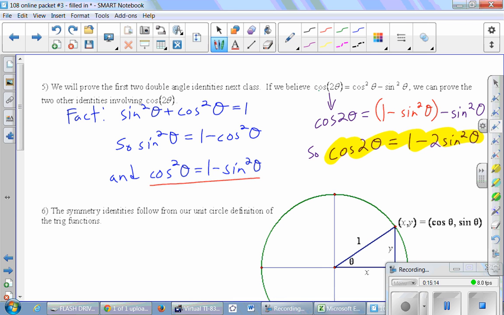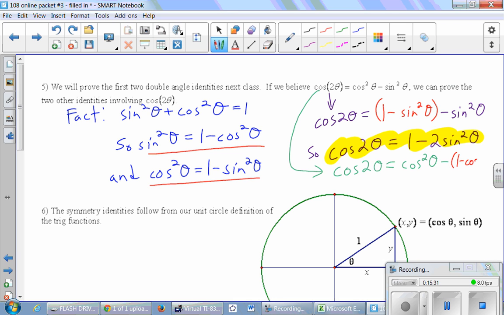And then we'll do it in another color. Again, copying this one that we're temporarily believing: cosine 2 theta equals cosine squared theta minus, but now instead of sine squared theta, I'm going to put 1 minus cosine squared theta.